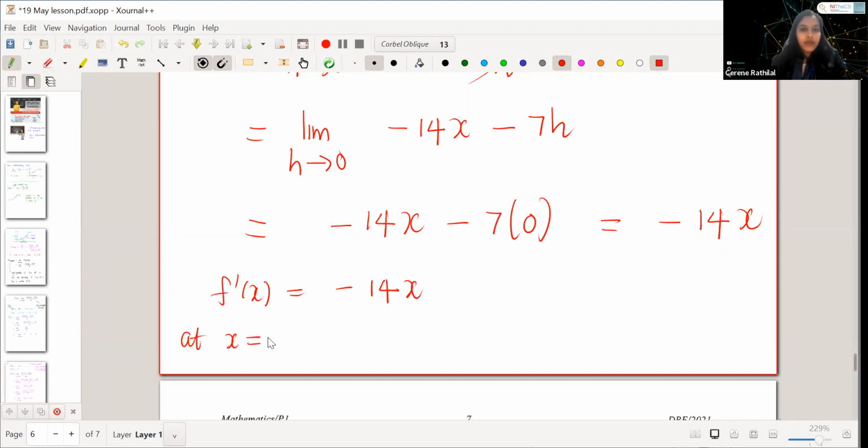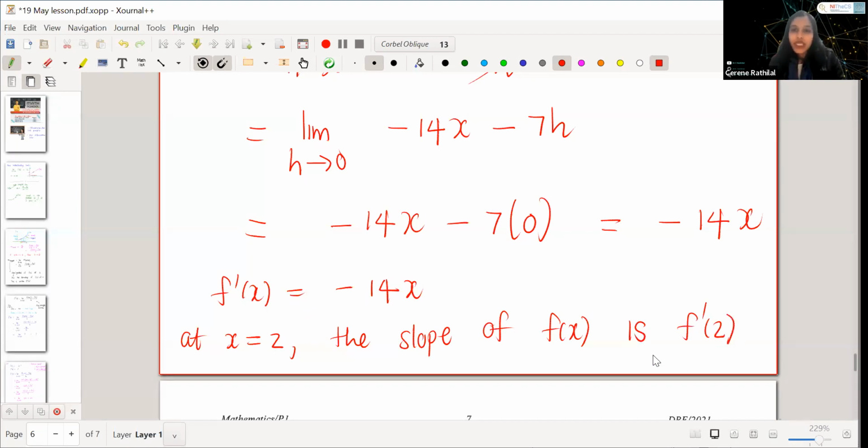At x equals 2, the slope of f of x is given by f prime at 2. And what is f prime at 2? This is equal to negative 14 times 2.